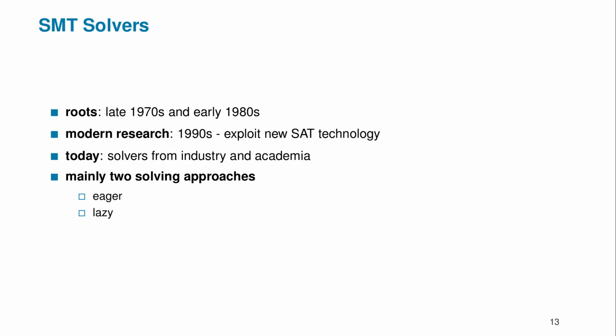SAT became very well understood and made a huge step forward in the 1990s. This comes from AI research. So there is the symbolic branch of artificial intelligence, which, for example, is concerned with planning. And in the 90s, it was figured out that SAT can be used very well for solving planning problems.